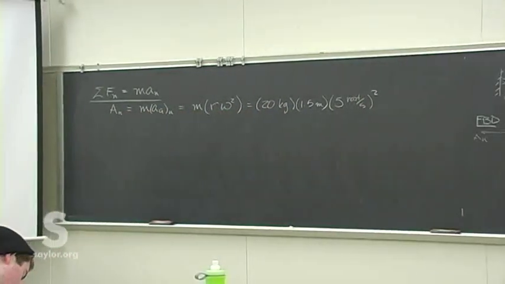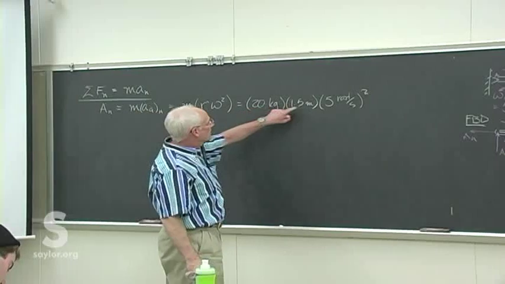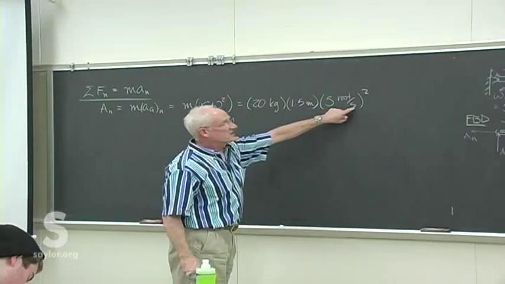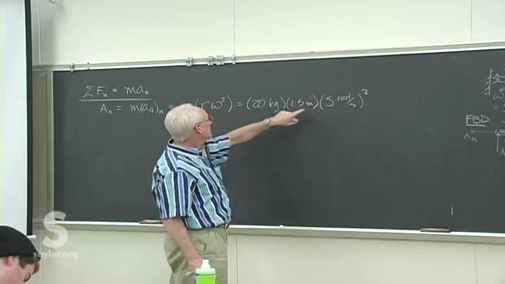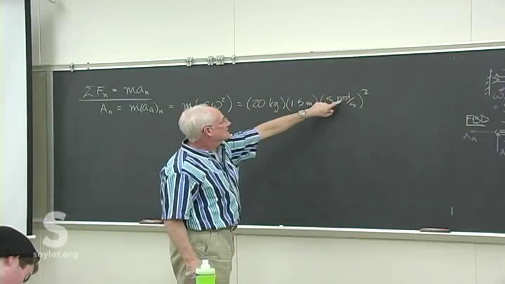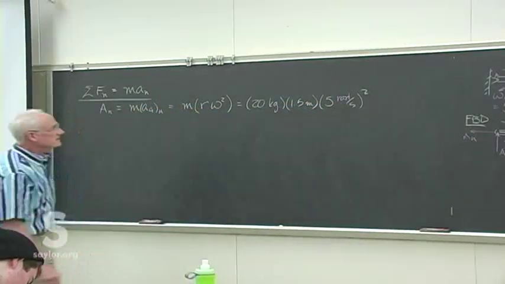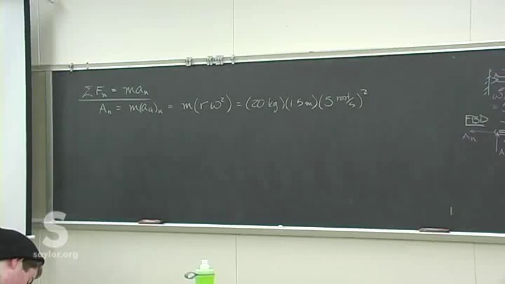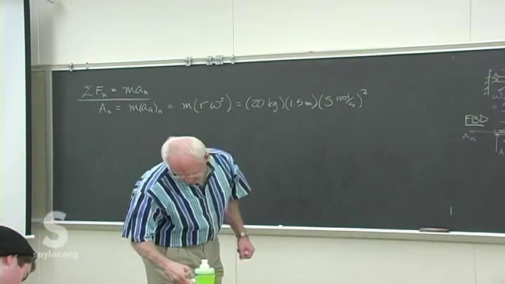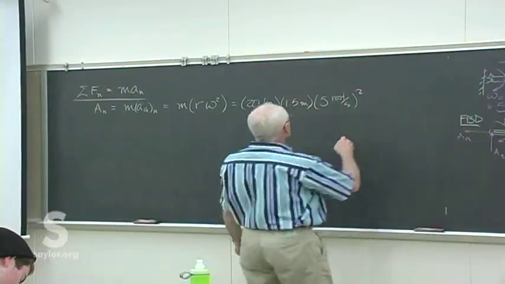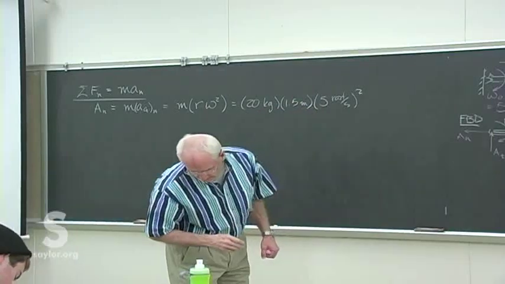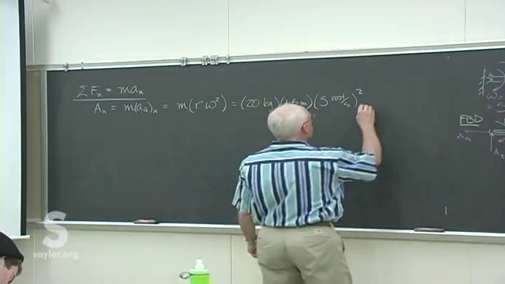So that will give us, let's see, kilogram meters per second squared. Remember when we use the kinematics and the kinetics, the radians disappears as a unit. So the units work out, and that comes out to be 750. I think.